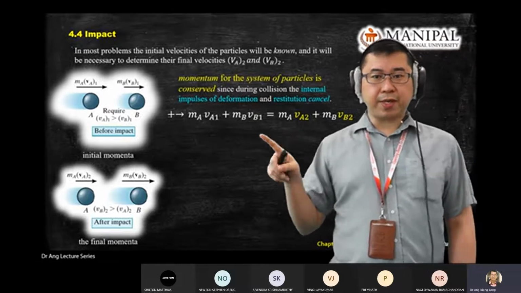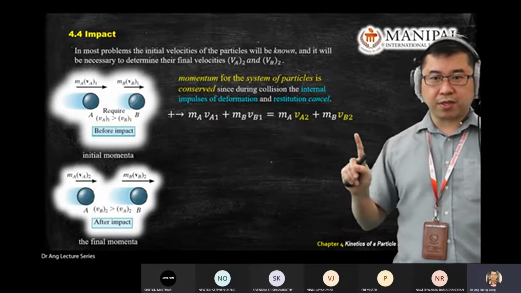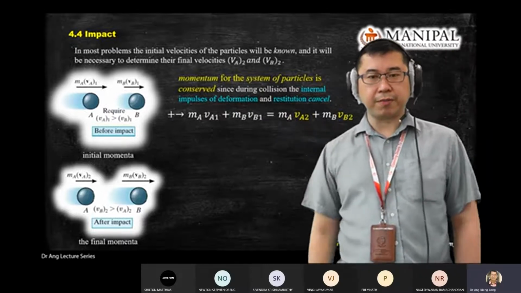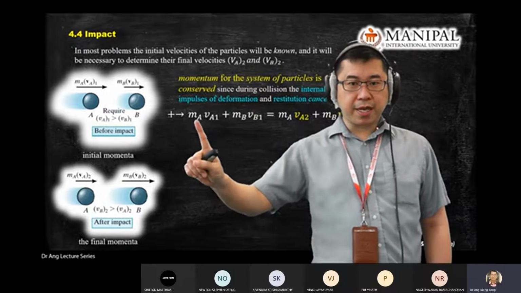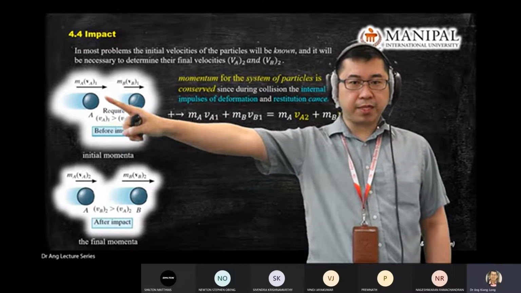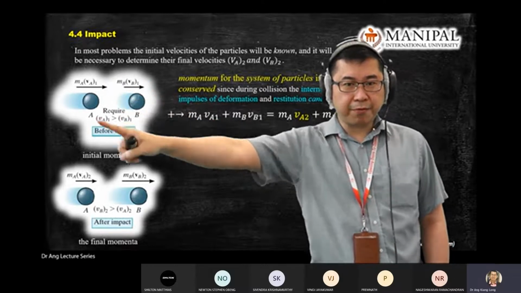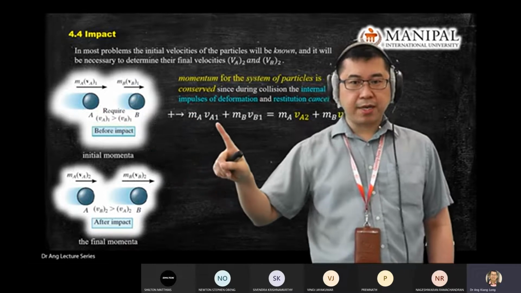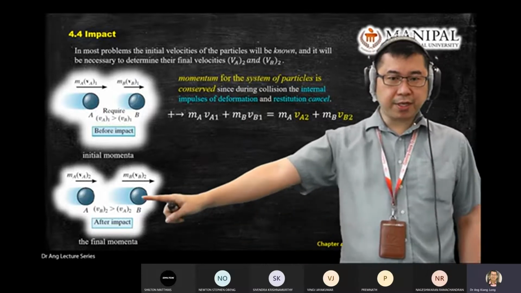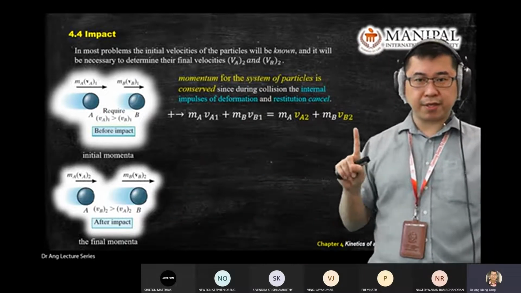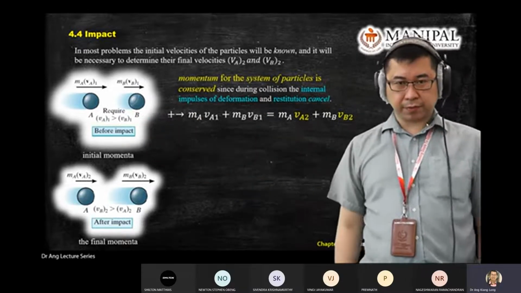We just apply what we learned: before equals after. So only momentum is calculated. What is momentum? mv. We have two objects, momentum A and momentum B before impact: mA vA1 plus mB vB1. After, we use 2 to represent after. Direction, we assume to the right will be positive.